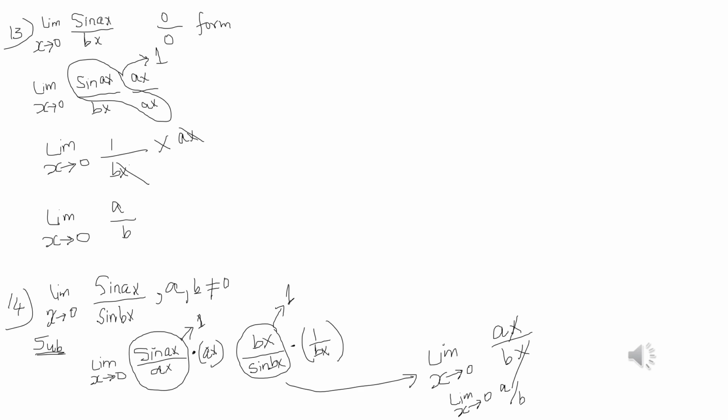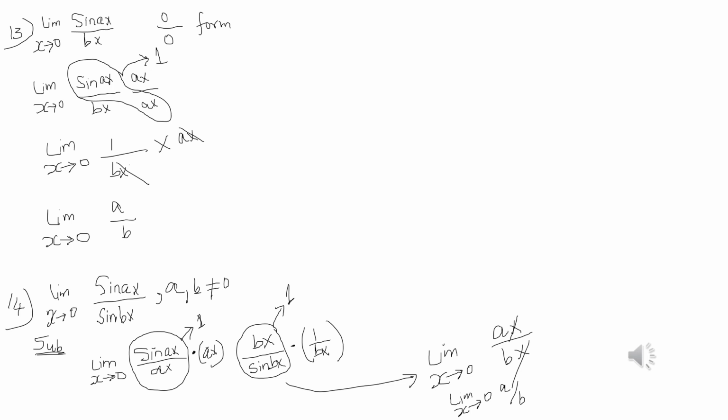I'm doing the same here, multiplying and dividing by ax in this expression. So sin ax divided by ax became 1, and the remaining function is limit x approaches 0 of ax divided by bx, where x and x get cancelled, which gives you a by b.